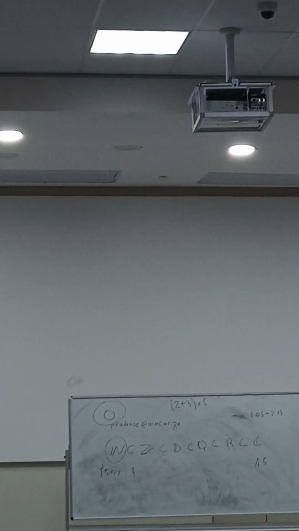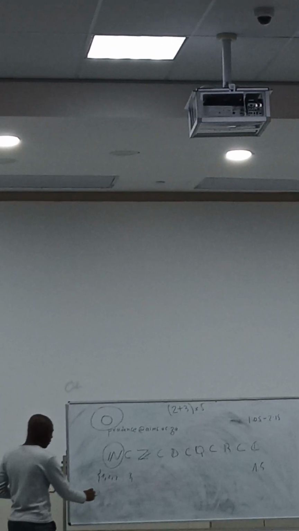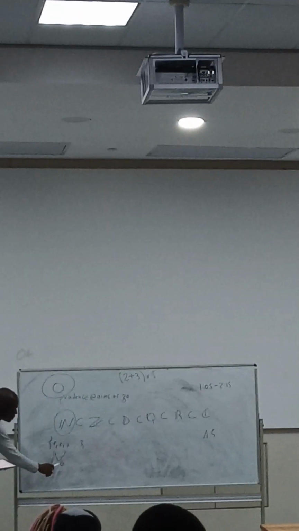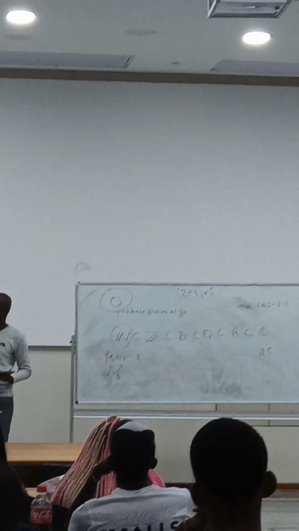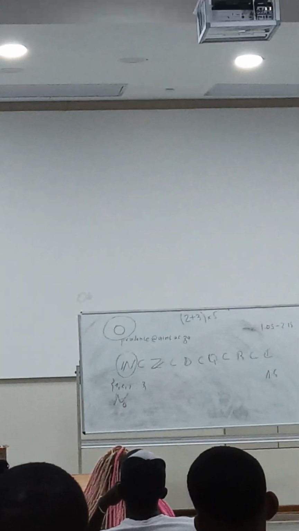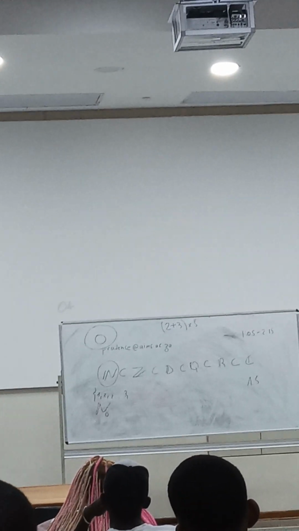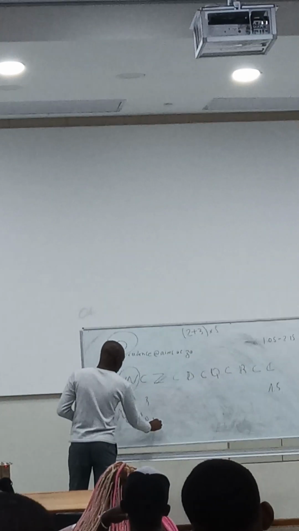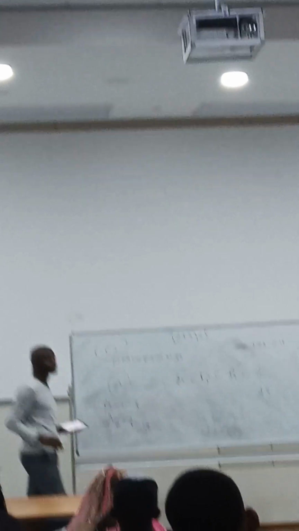And when I write N and put the 0 here, I include 0 inside. So instead of starting counting from 1, now I start counting from 0: 0, 1, 2, and so on.